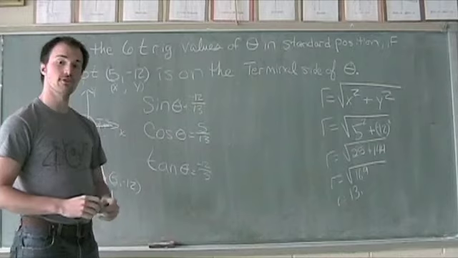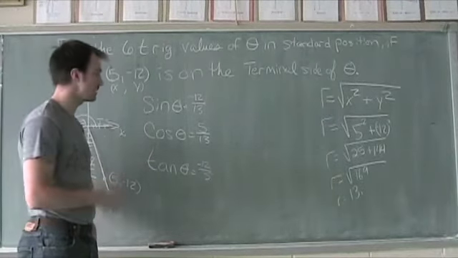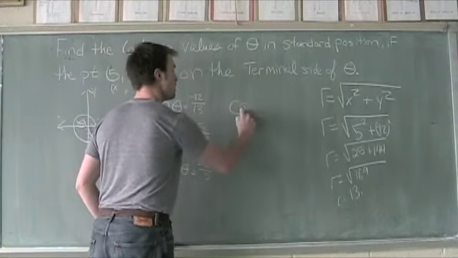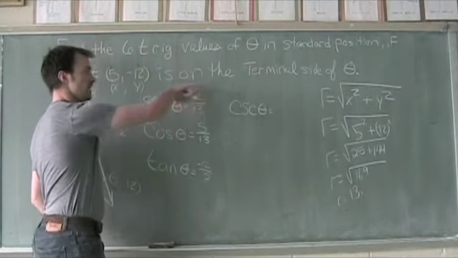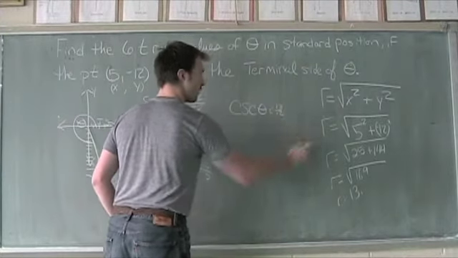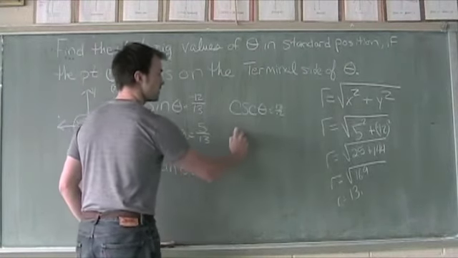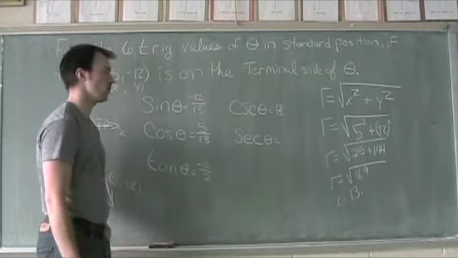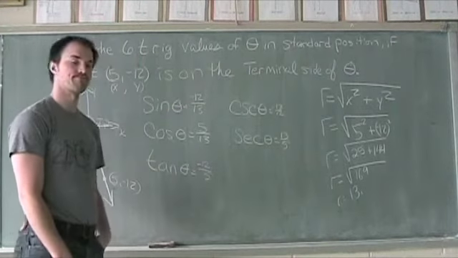Now we need to take care of their inverses. Again, from your reciprocal identity practice, we should have down that the inverse of sine is cosecant of theta. And cosecant of theta then is going to be the inverse here, or a negative 13/12. Okay? The cosine theta inverse is going to be secant of theta, which is going to give us 13/5.